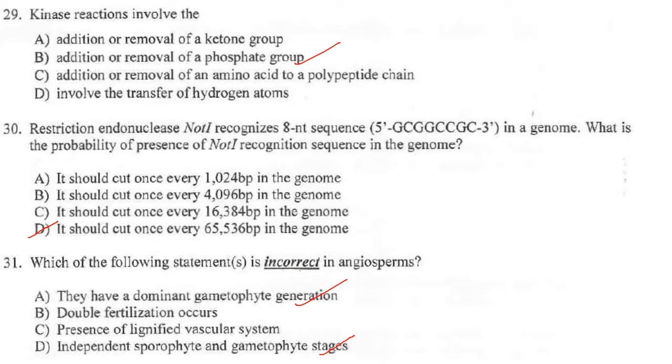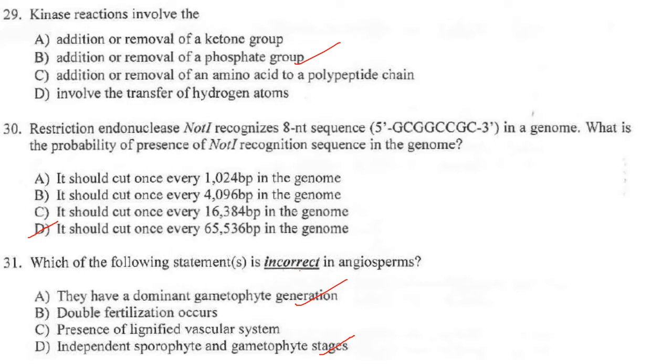So, there are how many? 1, 2, 3, 4, 5, 6, 7, 8. 8 nucleotide sequence for NotI. And they have asked what is the probability of the presence of a NotI recognition sequence in the genome.